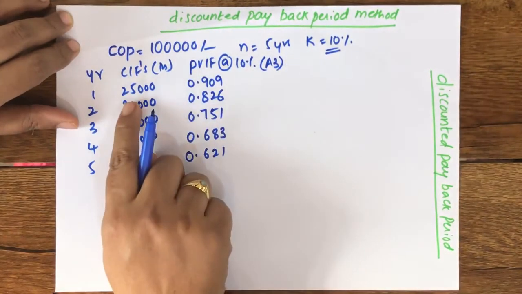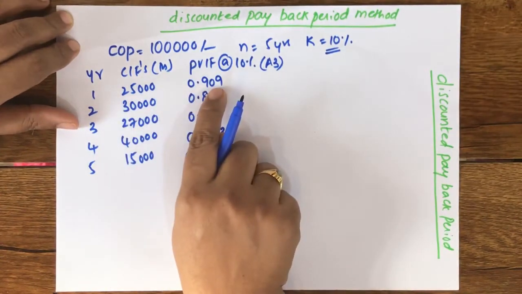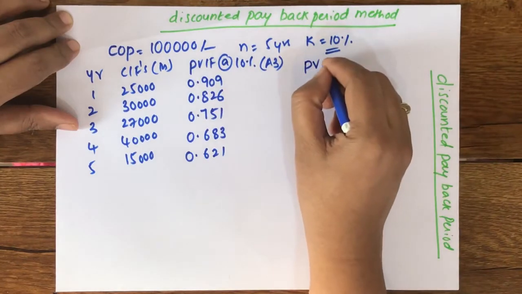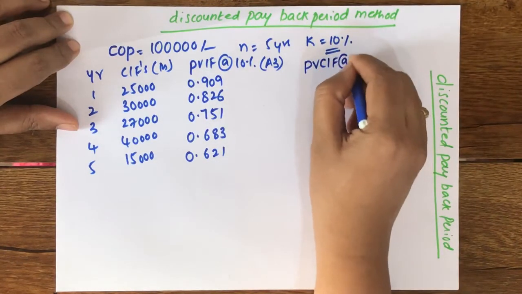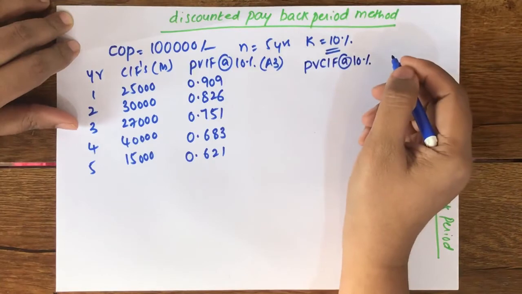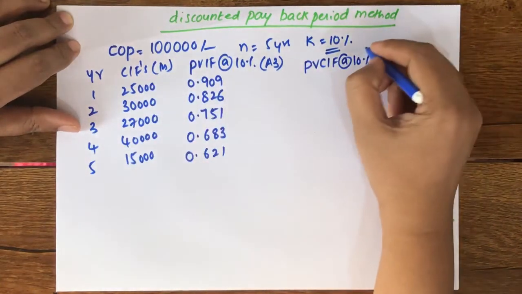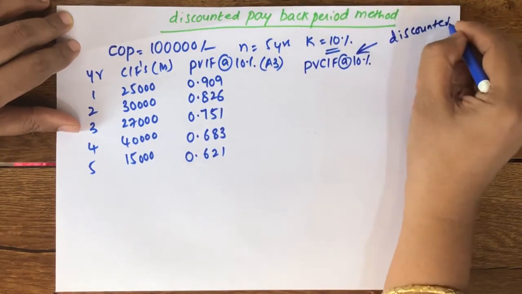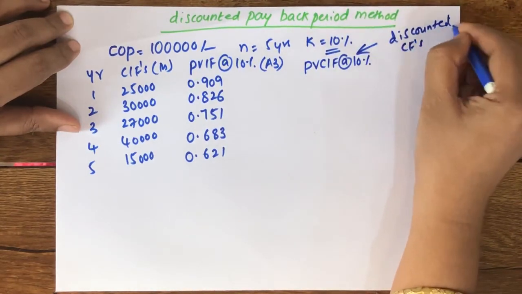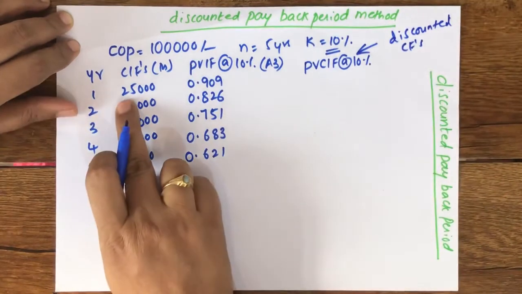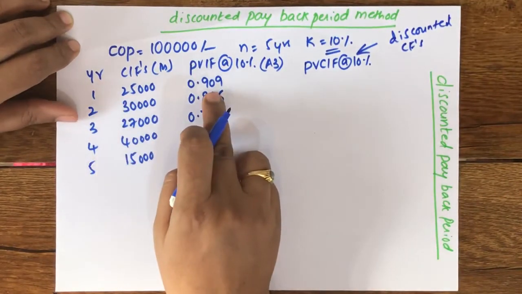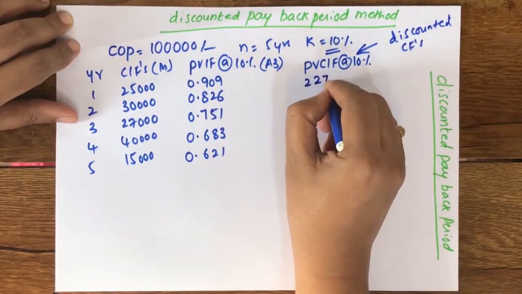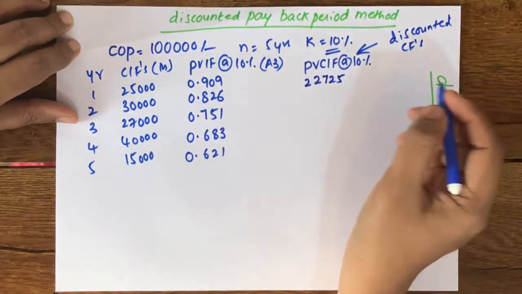Now, if you multiply these cash inflows with the present value interest factor, we will get the present value of cash inflows at 10%, which means our discounted cash flows. If you multiply 25,000 with 0.909, we get 22,725.